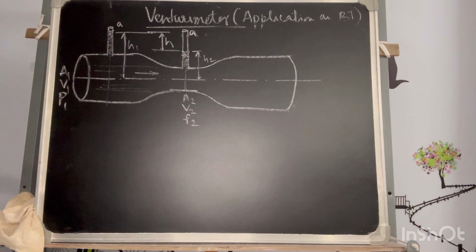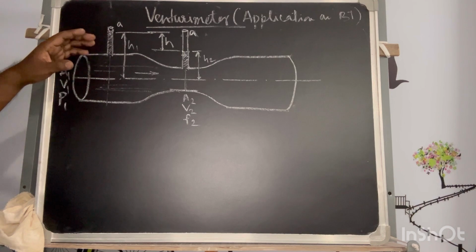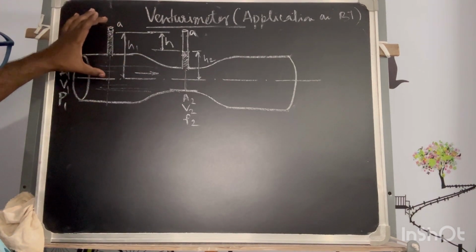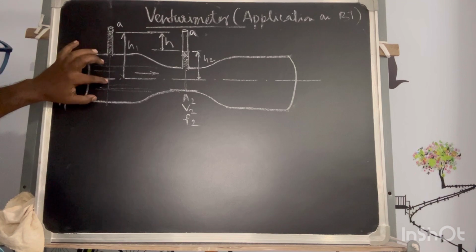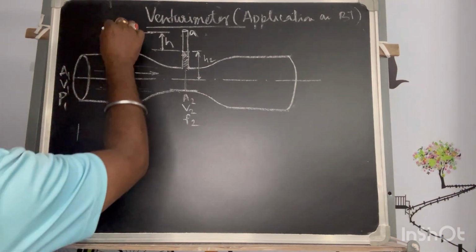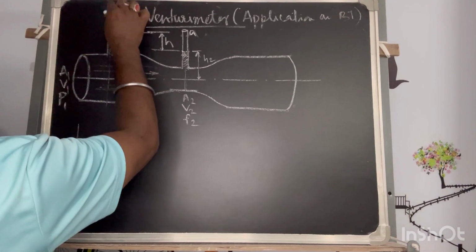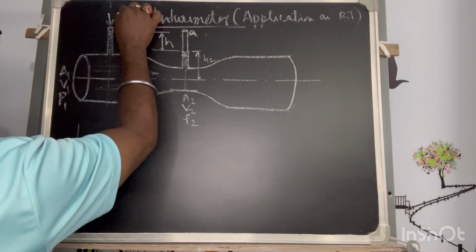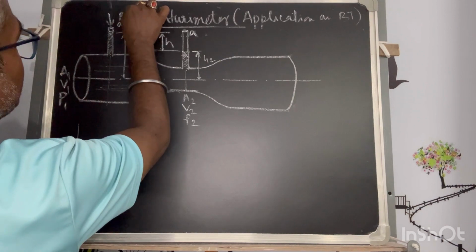Okay, so now if I first see this part, if this is the pressure P1 here at the center line, we can also understand that if it is an open end, open to atmosphere, the pressure head is P atmospheric.